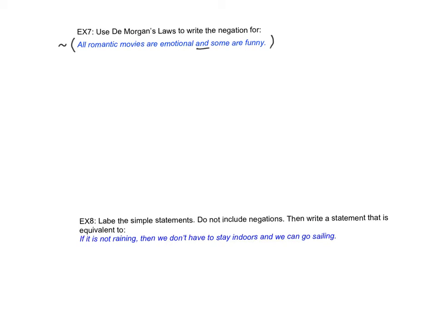So if this were P, all movies are emotional, Q is some movies are funny, then this takes the form of a negation in parentheses P and Q. And I know that that's equivalent to not P or not Q.